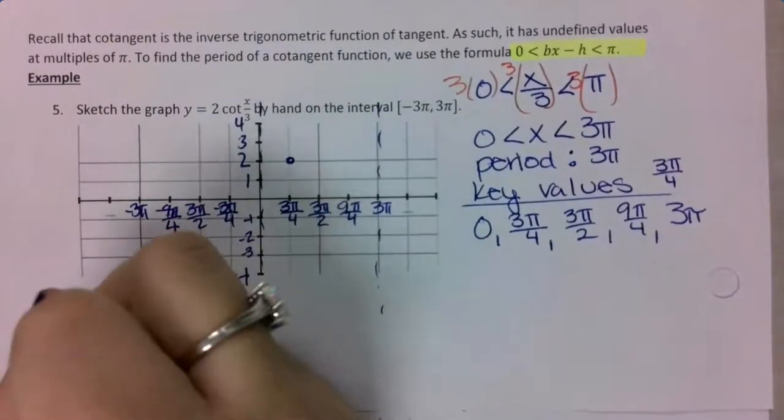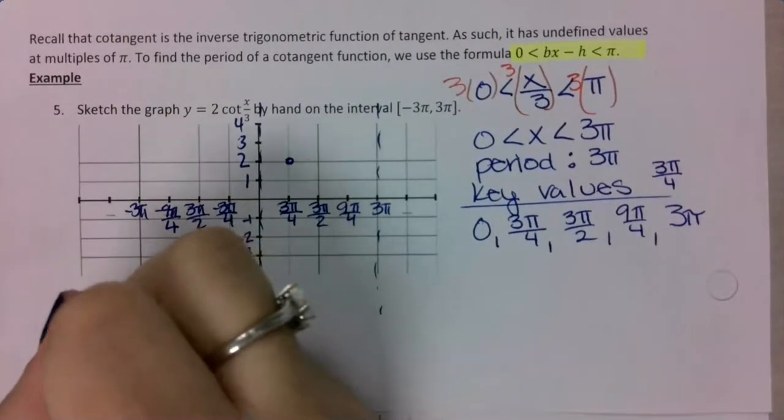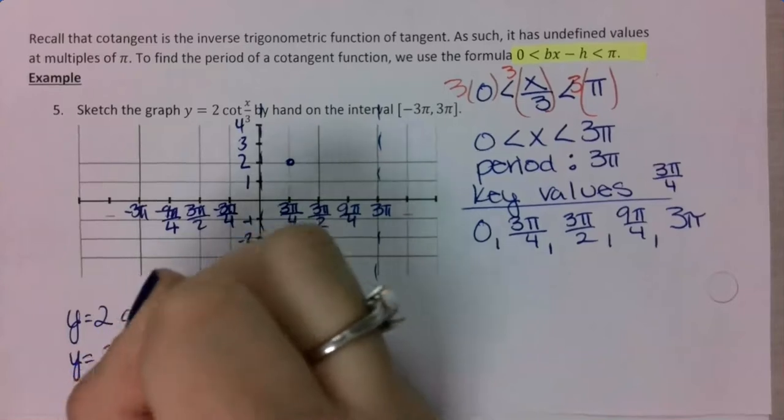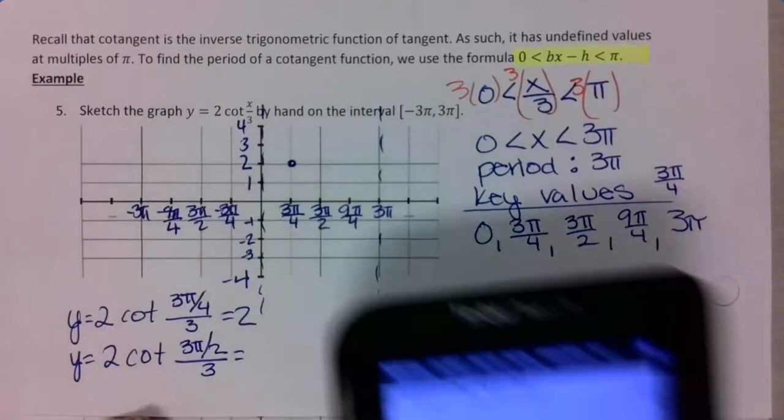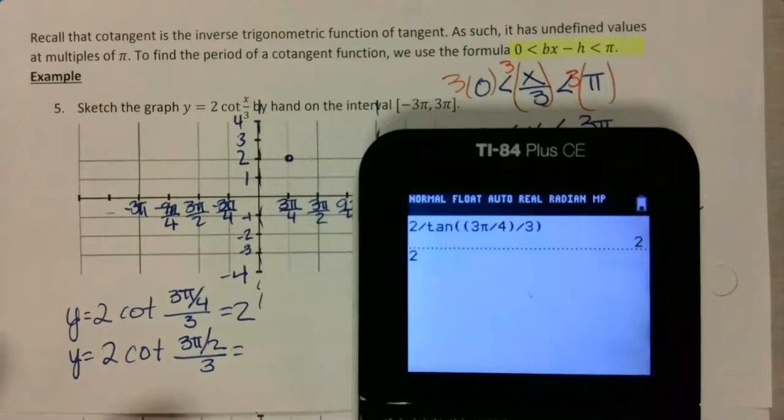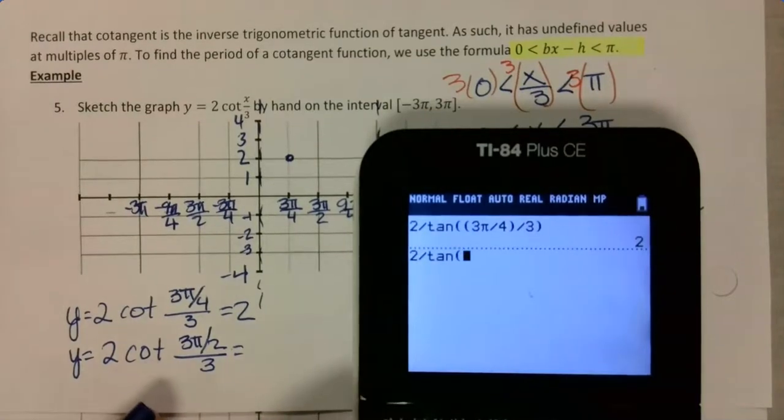Okay, so then I'm going to go do the same thing for 3 pi halves. So then I'm going to type it in the same way. 2 divided by tangent, and then parentheses 3 pi halves, divided by 3.